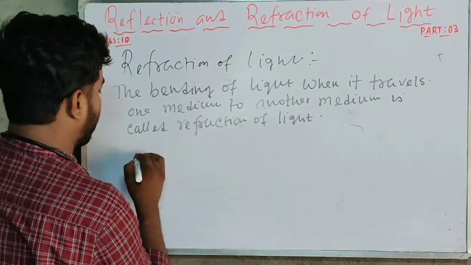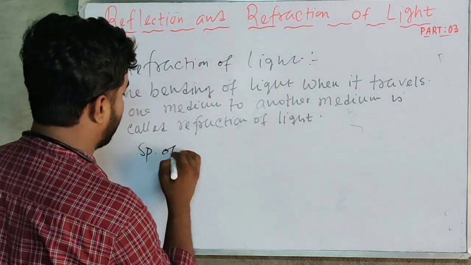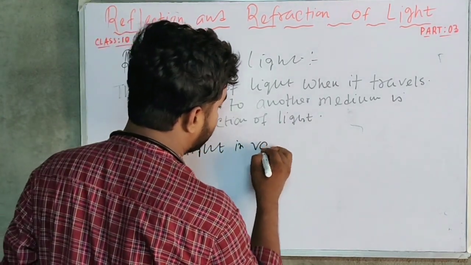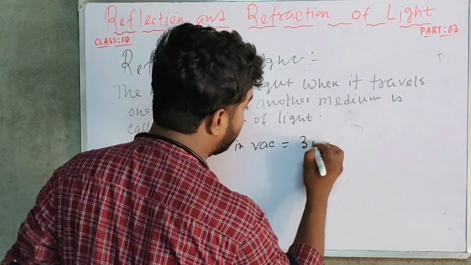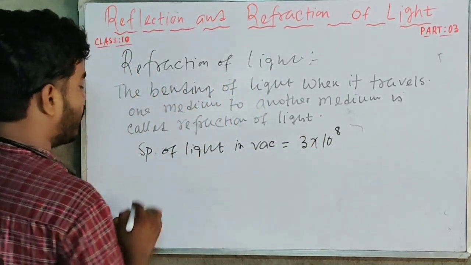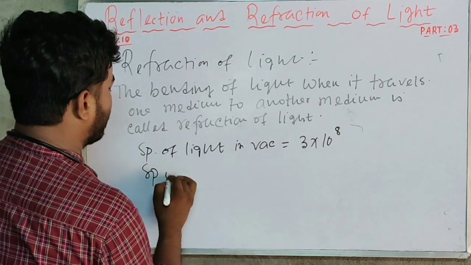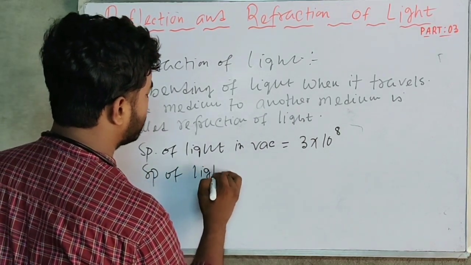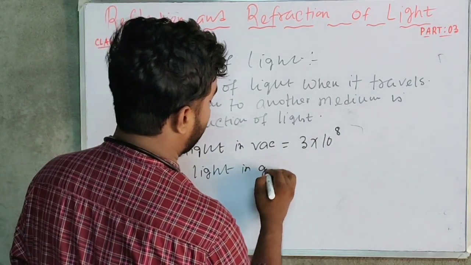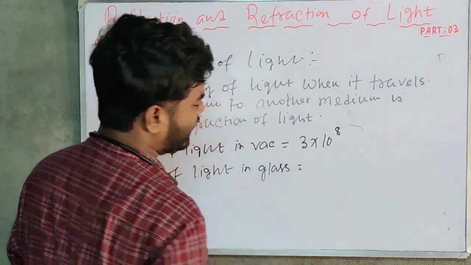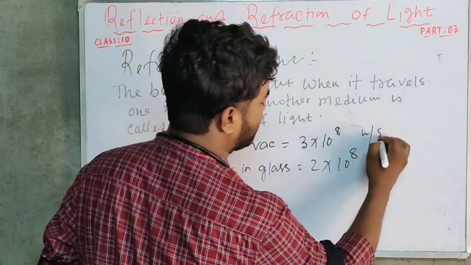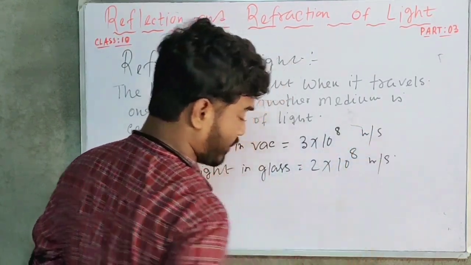The speed of light in vacuum is maximum, and this value is 3 into 10 to the power 8. Clear? And suppose the speed of light in glass is 2 into 10 to the power 8. The unit of speed is meter per second.